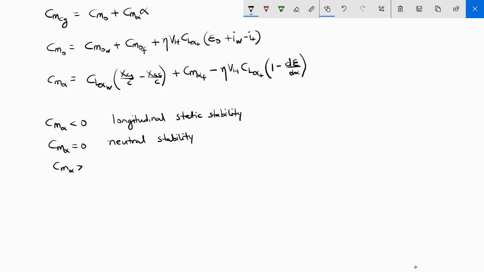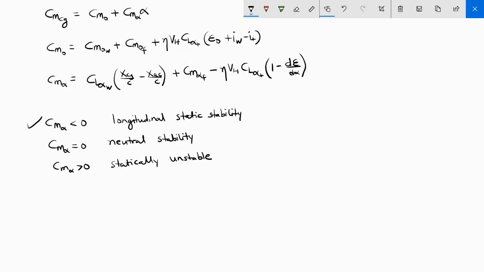And Cm alpha greater than 0 is the condition for instability. So this will make the aircraft statically unstable. So we would like to know what is the range of xCg which will give us this condition.